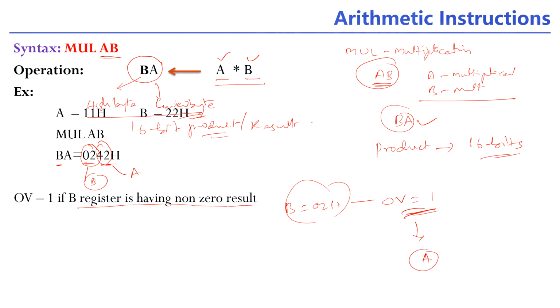Normally, for every operation, the accumulator is the destination. But in this case, we also utilized B. So this indicates that the result has overflowed into B. So that means B is also having some valid product. That information is given through this overflow flag here. Okay. This is about the multiplication instruction.